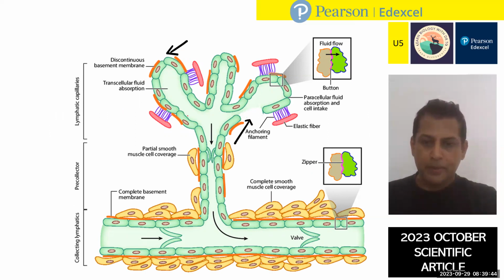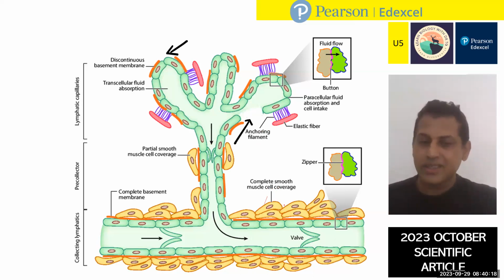basement membrane. And you can also see elastic fibers attached to the anchoring filaments. Blue ones are anchoring filaments, red ones are elastic fibers. They help the lymphatic system to contract and relax. Then it drains to the main lymphatic system, which has valves and is lined by complete smooth muscle cell coverage.